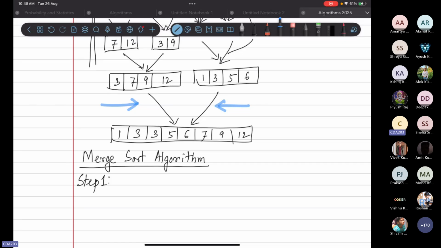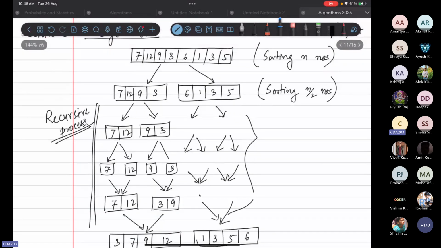So what would happen if I have, in this example, an even number of elements, or to be precise, 2 to the power k many elements? That is why you'll see that each time we end up with one element.